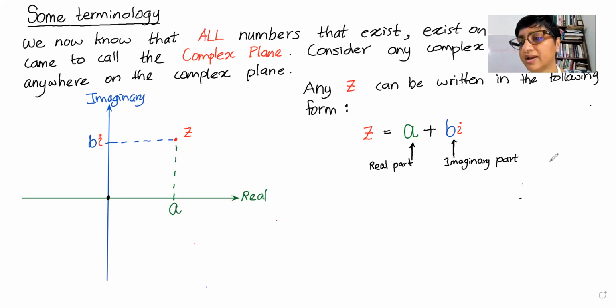And I will say in brackets here, both A and B, they belong to the real numbers. They are two numbers from the real numbers.